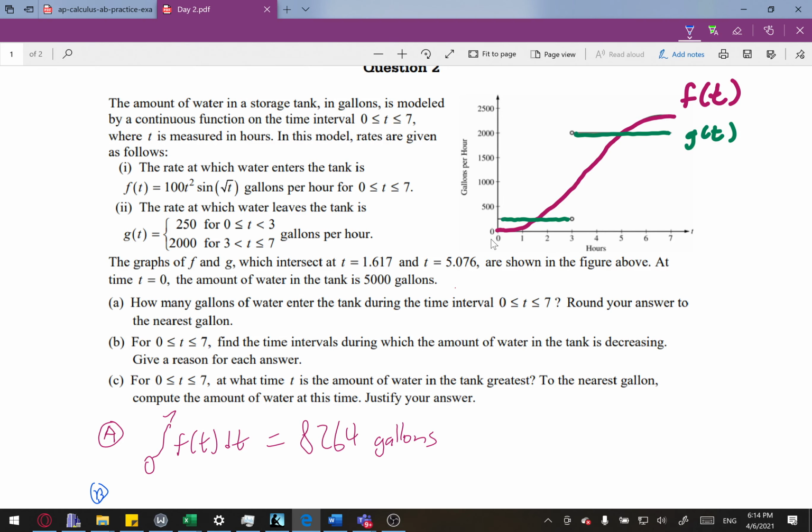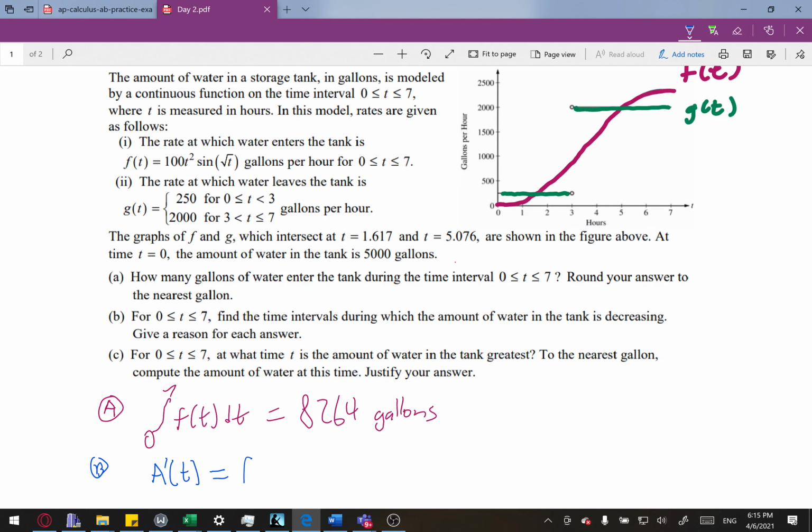Okay. So our rate at which the water is changing, which I'm going to call A prime of t, so the change in the amount of water at any time, would be equal to our rate at which water enters minus our rate at which water leaves the tank. To add 5,000? In this case, no. If I'm looking for the actual amount of water in the tank, then I would add the 5,000.